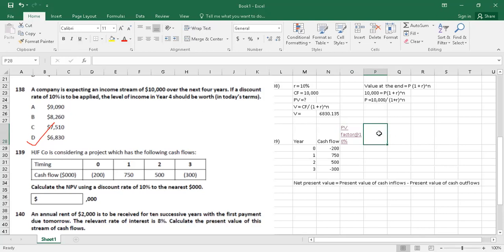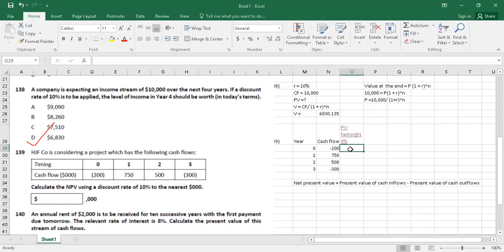What does it mean by PV factor? The mathematical calculation we do by 1 divided by 1 plus r whole to the power of n can be calculated beforehand and simply multiplied. That pre-calculated value can be written here because it is Excel, so we can do it very easily.